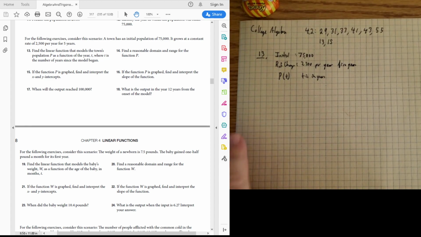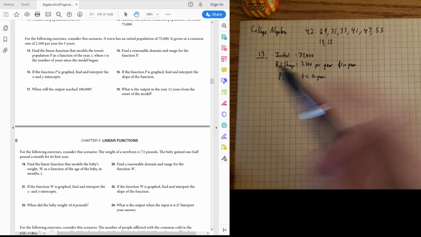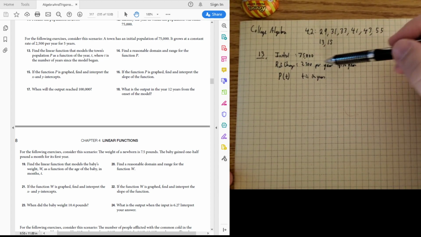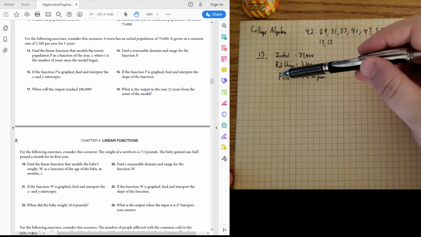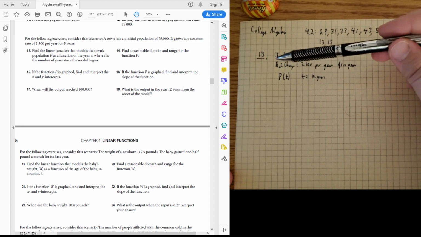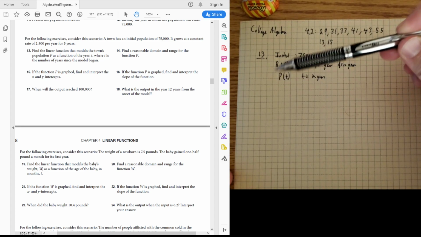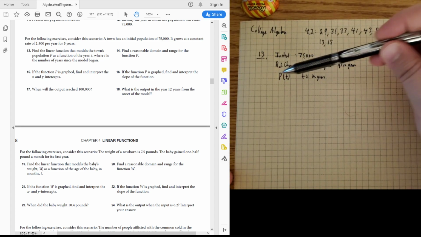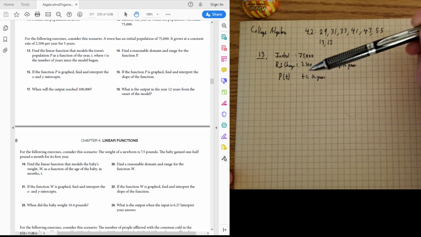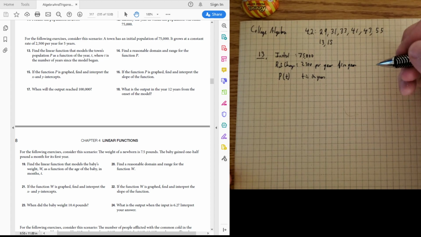Notice how we take the given information and just list out all the parts we know. We have the initial value, 75,000, the rate of change, which is 2,500 per year over 5 years, and then p of t, where t is in years. This p of t is important because it says the town's population, capital P as a function, where in this case t is in years since the model year began.